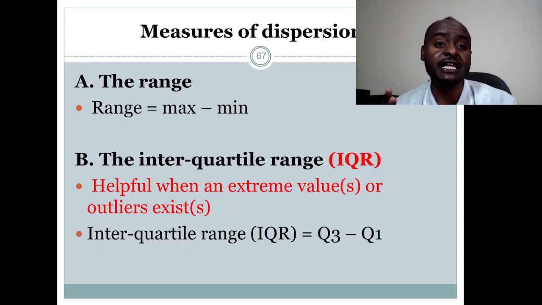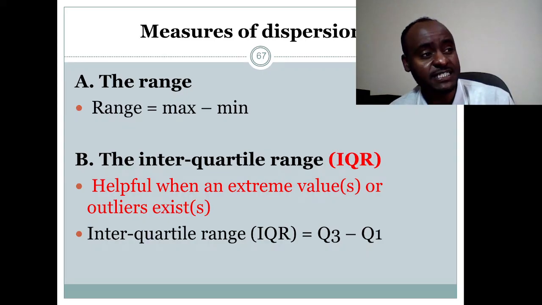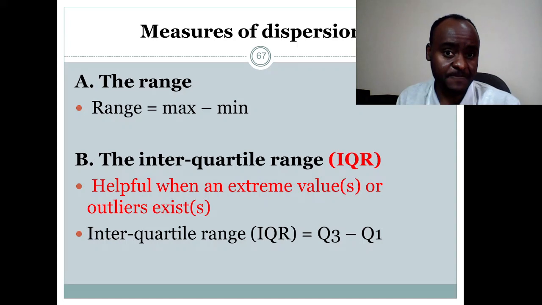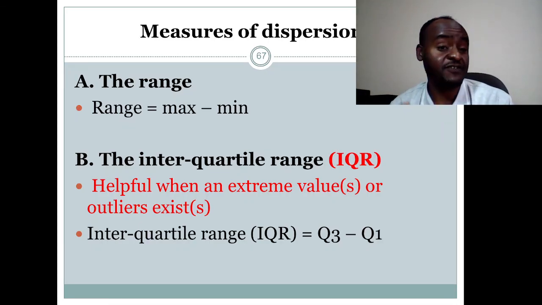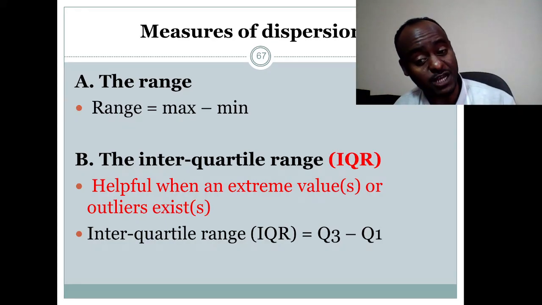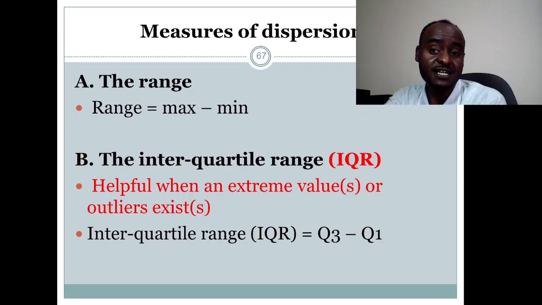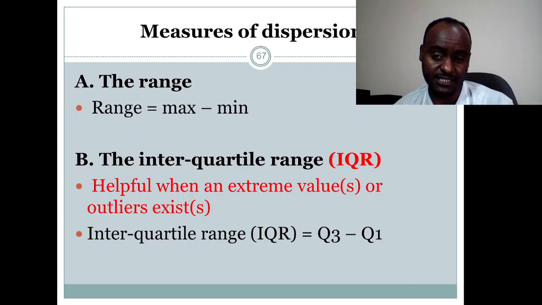Quartile number one actually separates the lowest 25% of the data sets from the rest, the first quartile. That means if the first quartile for a given data set is, let's say, X, that means 25% of your data values are less than that specific value, X in this context.